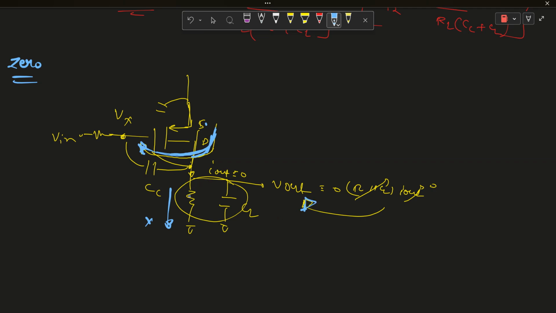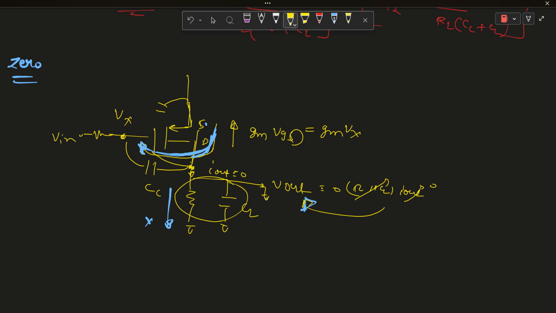Now to solve this, let there be one small signal current flowing from drain to source in this direction, and this small signal current is gm VGS, and VGS is Vx. Why am I considering Vs potential to be zero? Because V out is zero, since I out is zero, so no current flows through this impedance.